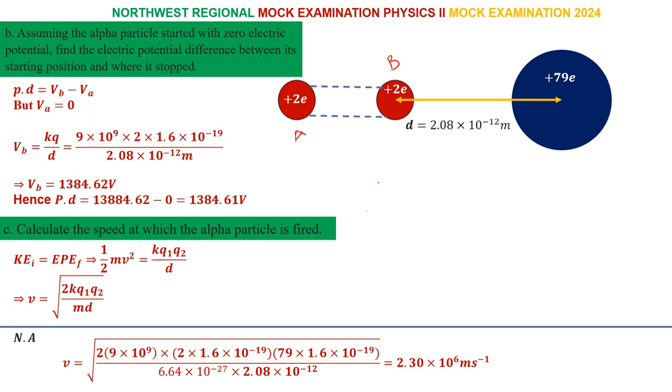All of that divided by the mass. So the mass of the alpha particle is 6.64 times 10 to the negative 27, which was given in the question, times the separation where it was brought to momentary rest, so it is 2.08 times 10 to the negative 12. And so doing this numerical application, we get approximately 2.3 times 10 to the power 6 meters per second.